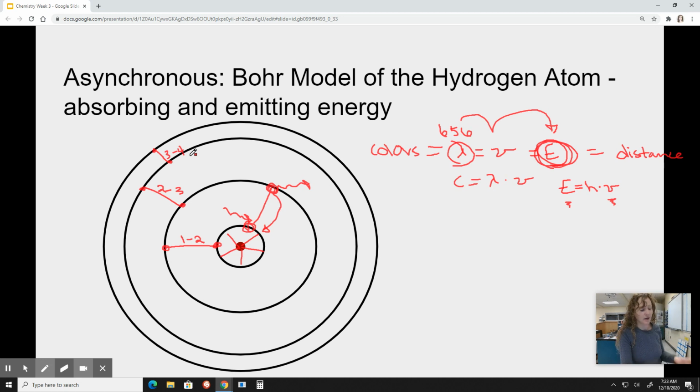If you look at the model, that distance just keeps shrinking and shrinking. So Bohr built very specific distances into his model to correspond with these very specific energy levels.